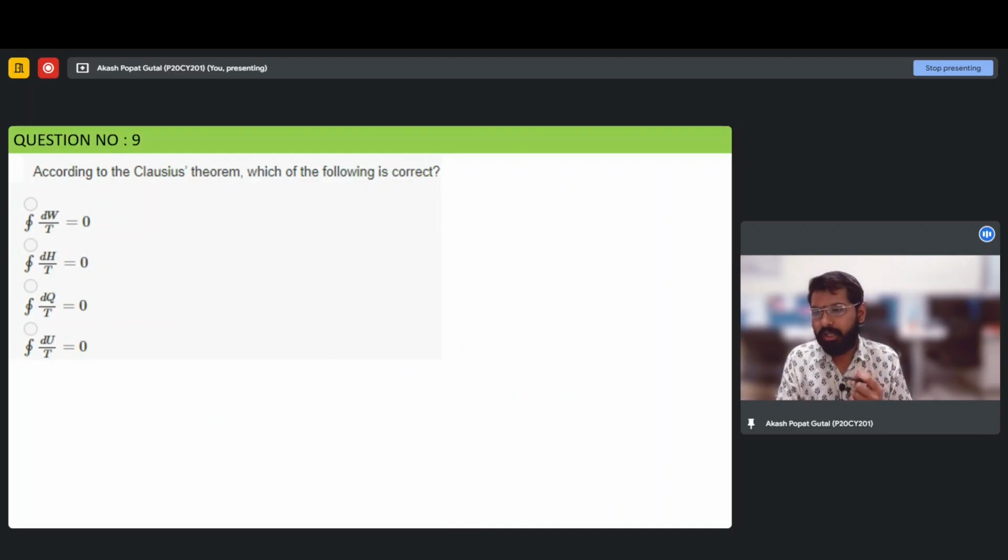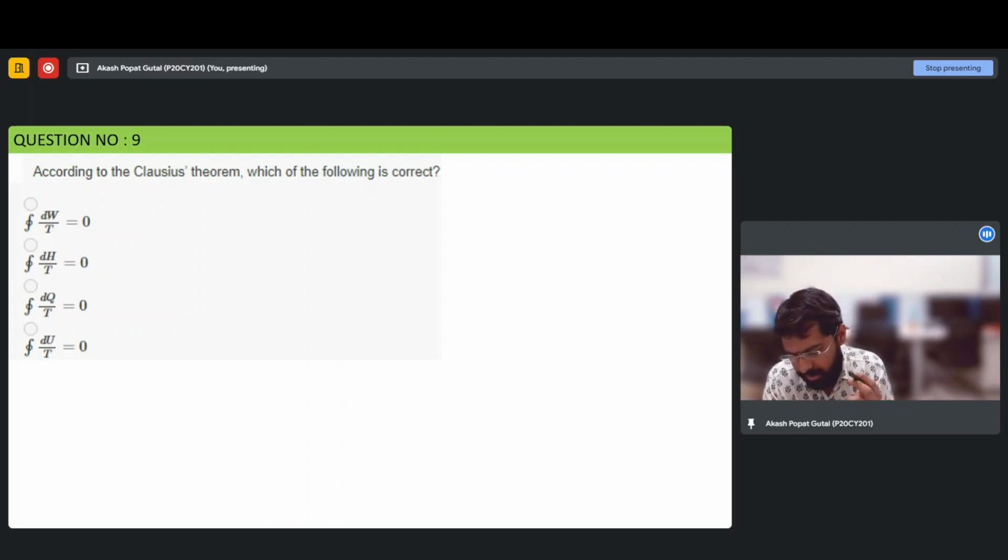Question number 9 is, according to the Clausius theorem, which of the following is correct? So for a cyclic process, the options are: first, work done at a given temperature divided by the given temperature is equal to zero.